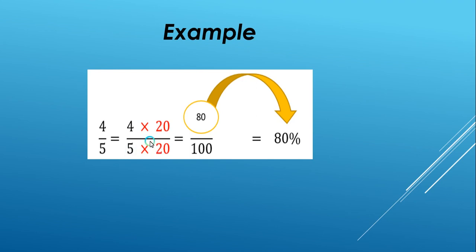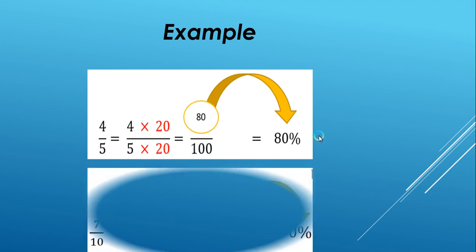Multiply by 20. If I multiply the denominator by 20, I also have to multiply the numerator by 20. I will get 80 in the numerator and 100 in the denominator. So I will keep the numerator and I will replace 100 by the percent.